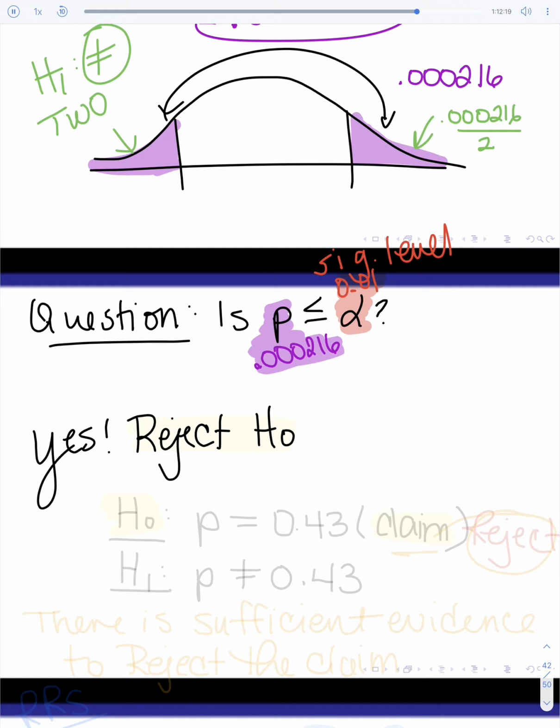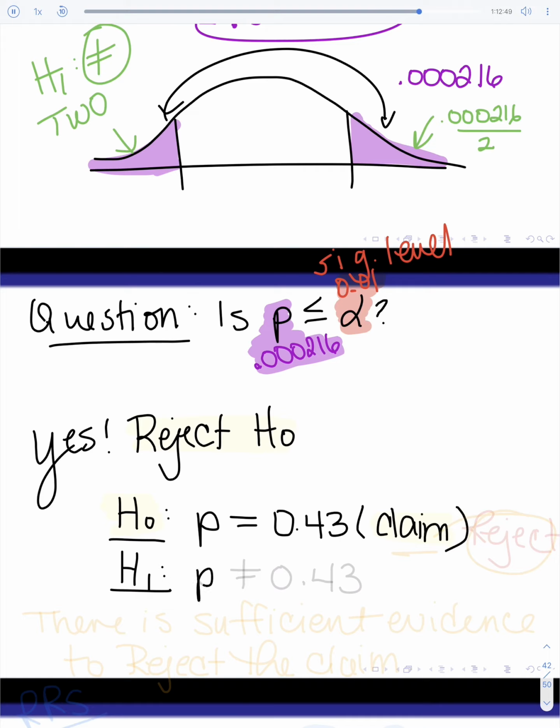Because we're rejecting H0, we need to figure out what's going on and where's our claim. So let's go back to the beginning and figure out what our H0 and our H1 are, so that we can come up with our final statement. Our H0 was p equals 0.43, and this was actually our claim, just recopying this back from the beginning.